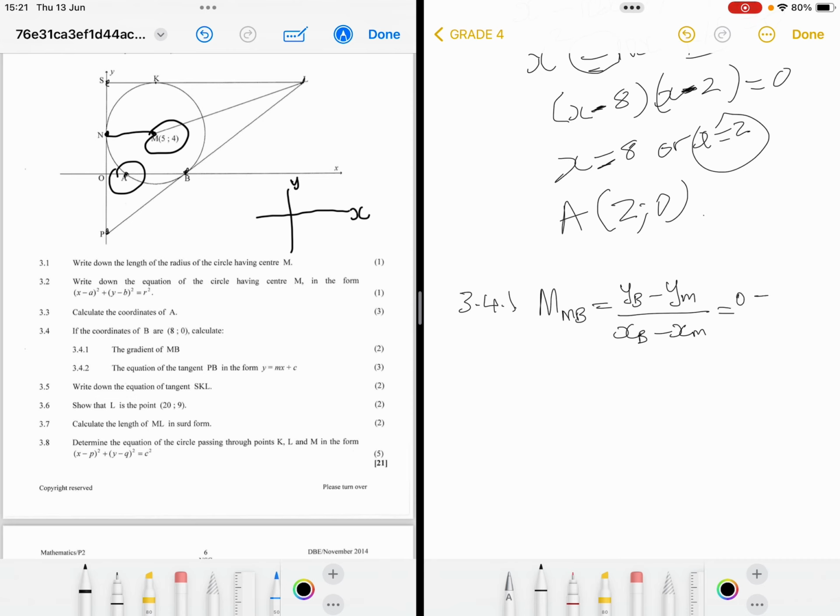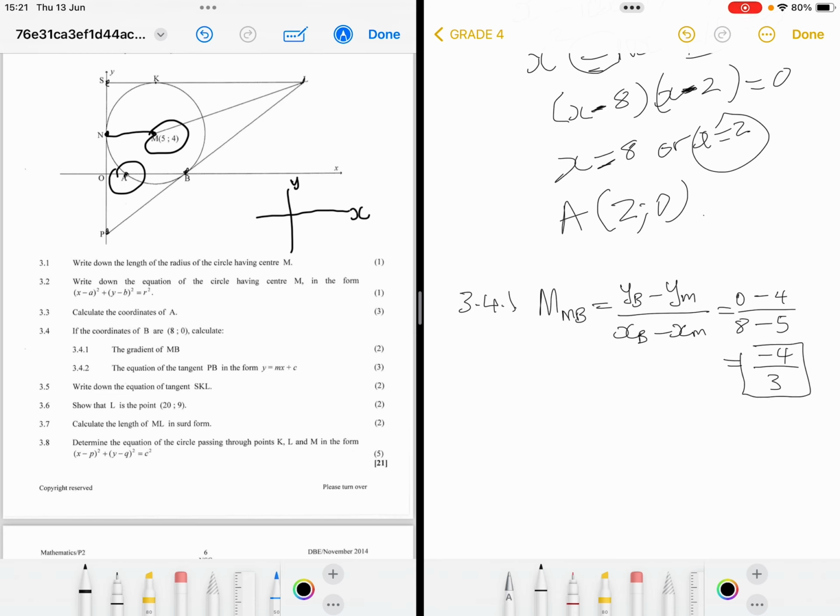So minus y at M, which is 4, over x at B, which is 8, minus x at M, which is 5. So here we have minus 4 over 3. So this is the gradient.